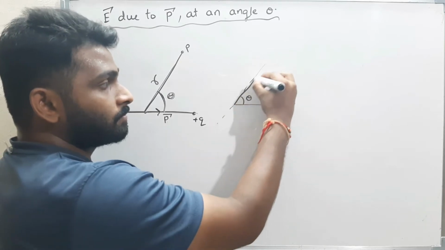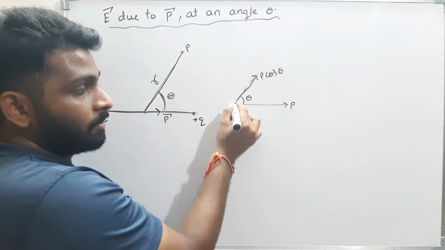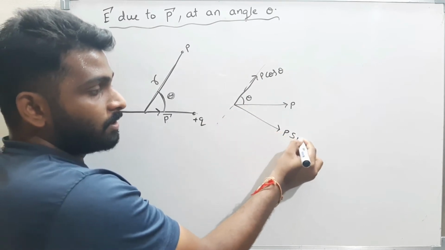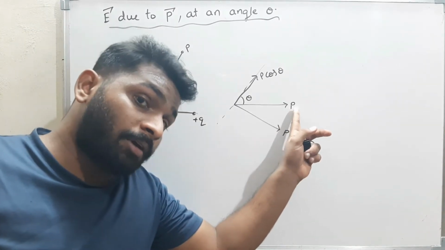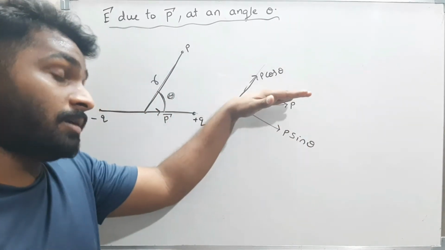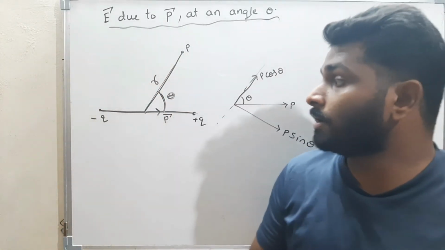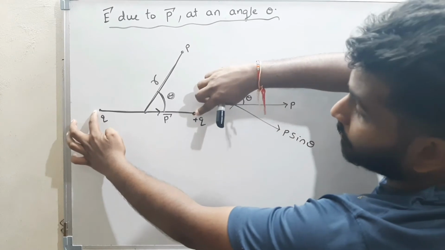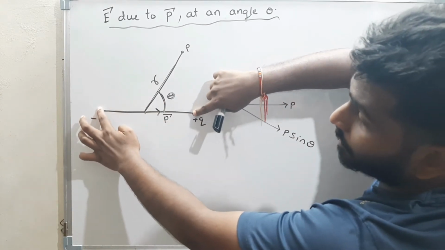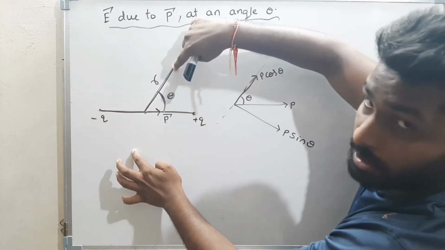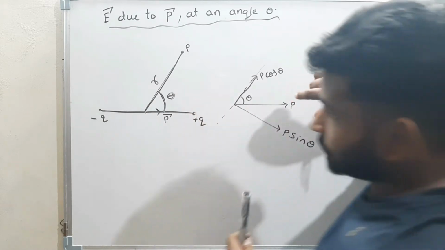Therefore, this is p cos theta, and along the other side perpendicular, this is p sin theta. Can I resolve the p bar, the dipole moment, into two components: along the angle side p cos theta, along the other side p sin theta? Now see what I am doing.